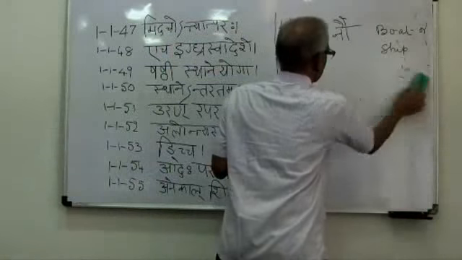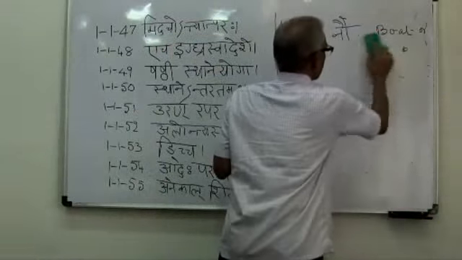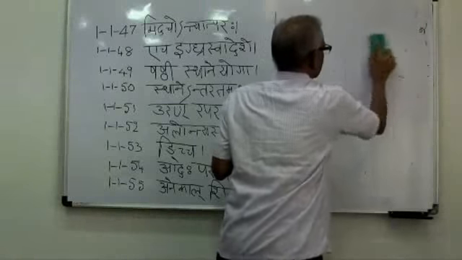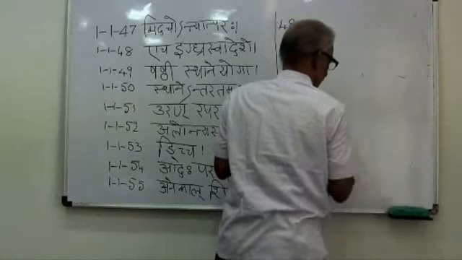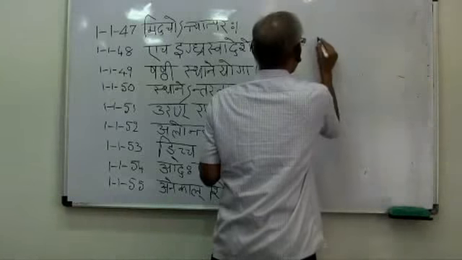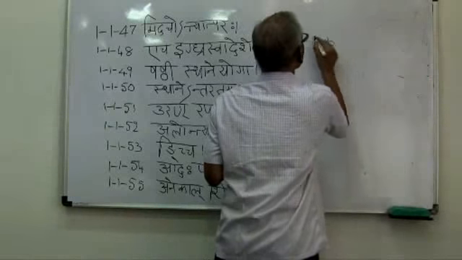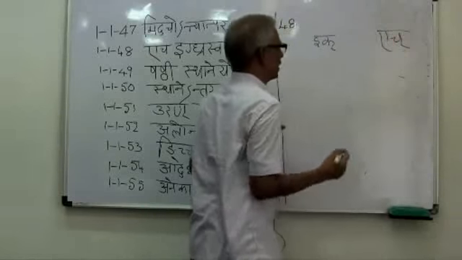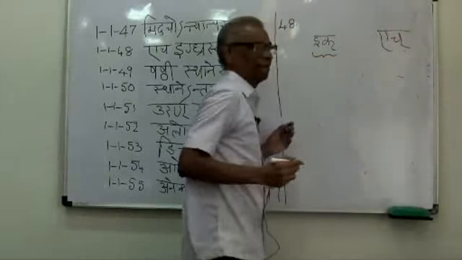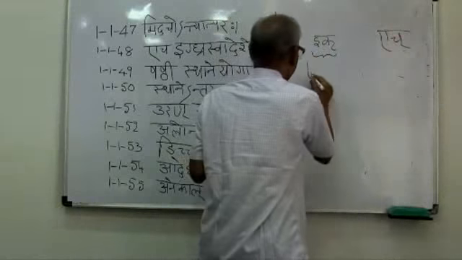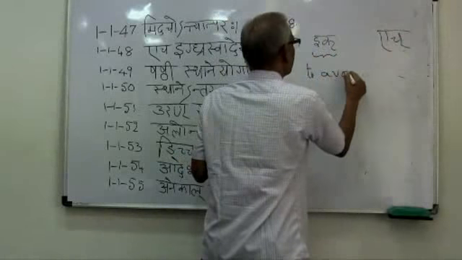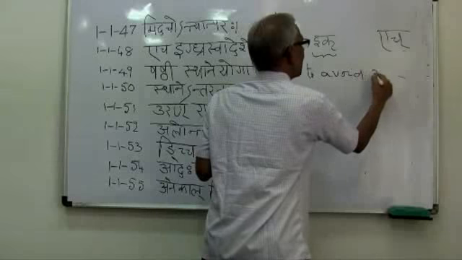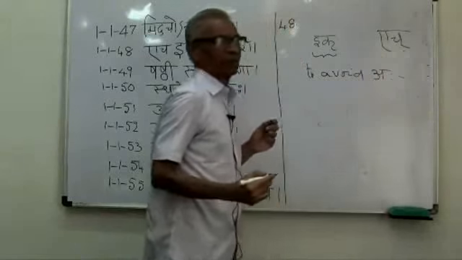Again, one characteristic we will discuss. Why ik only is taken? When it becomes hrasva, why only ik is taken? That is to avoid hrasva like a.